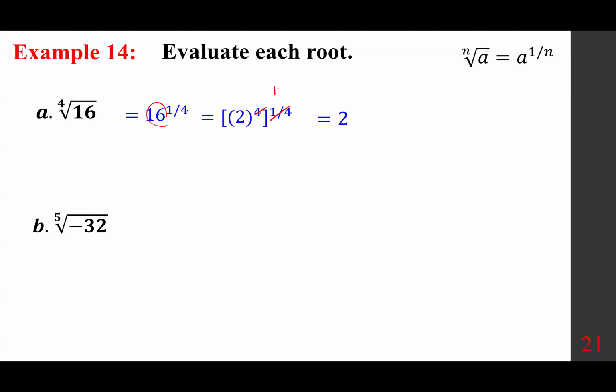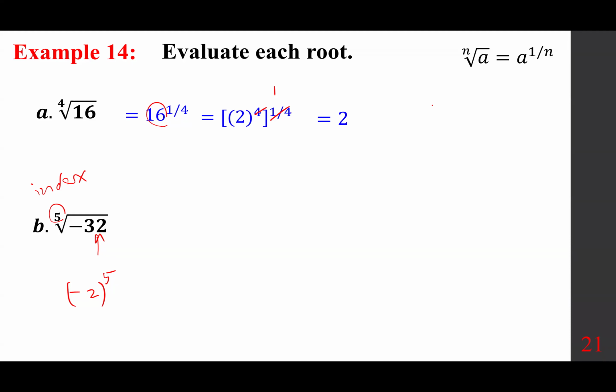The fifth root of negative 2, you should recognize this as negative 2 to the power of 5. Remember, when you have an odd index, this is called the index, then underneath can be negative and negative comes out as negative. But if you have even, it's a different story.